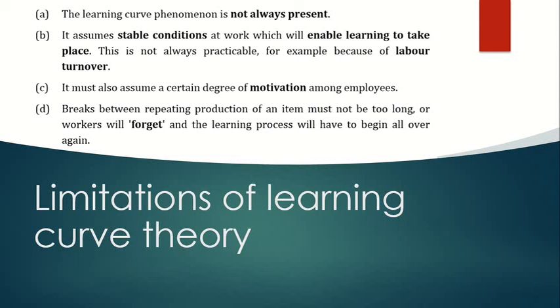It is not always practicable. Why? If there are 3-4 employees or 50-60 employees, we can't assume that each and every employee will work in the same manner, because person to person their behavior pattern and attitude are different. So this phenomenon is not always present.